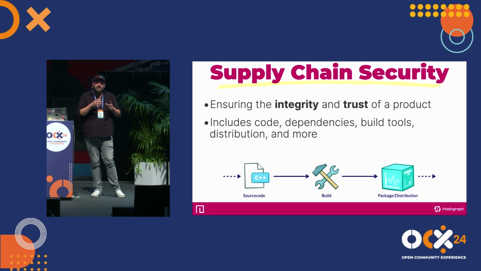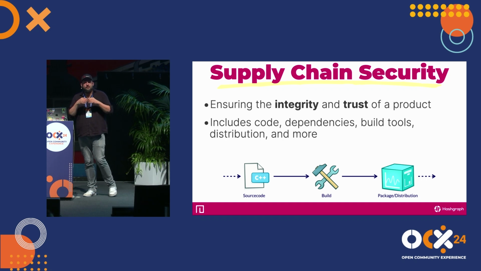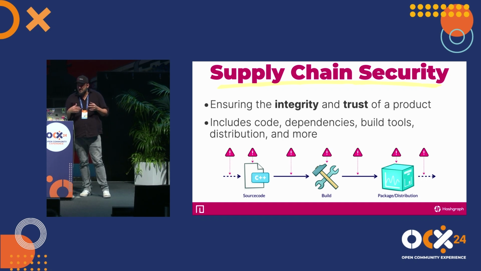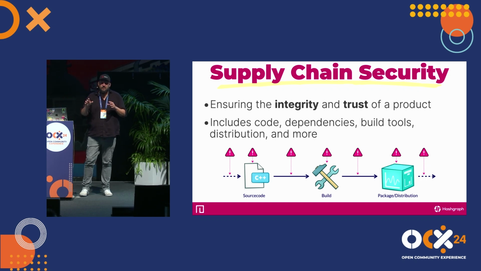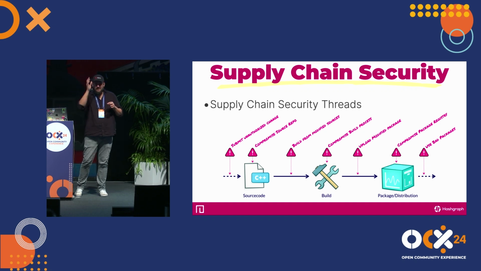Because you want, again, to trust that network, and you can only trust that network if you know what is running in the network and what is deployed in the network, which means we have different attack vectors when it comes to supply chain security. I assume you've seen those slides several times already.